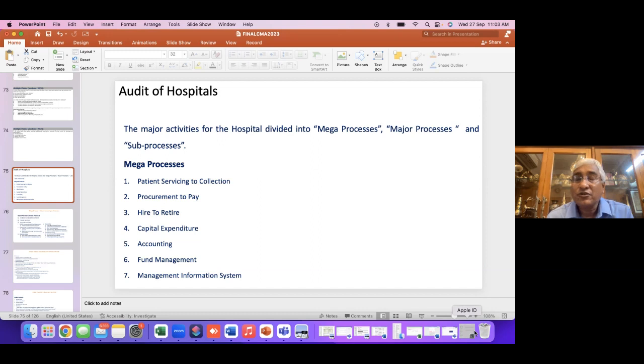Why is hire to retire so important in the hospital? Because the hospital consists of qualified doctors, some specialist doctors, and also nurses who are equally efficient and qualified. Getting such resources is not that easy. Also, hospitals in remote places and hospitals in mega cities differ, so getting proper resources in the appropriate places is a big challenge.